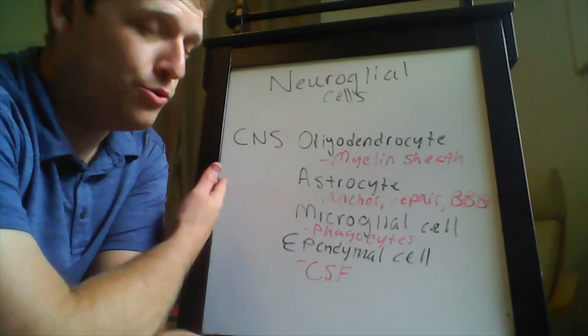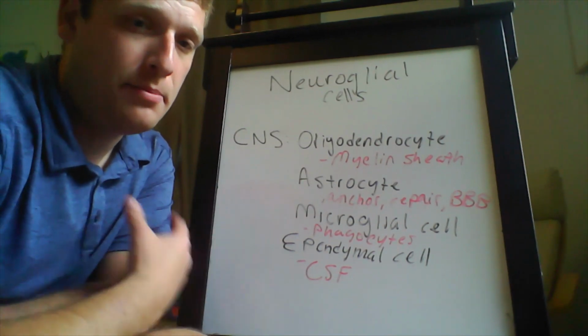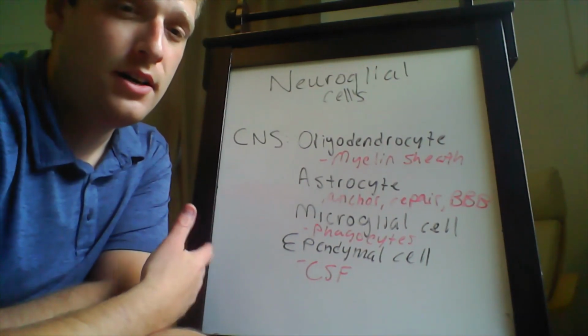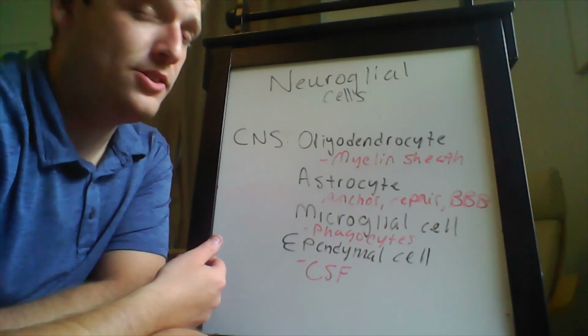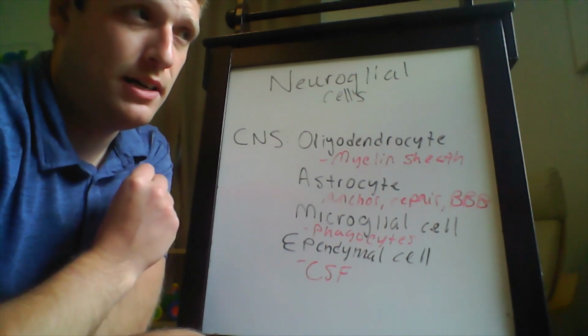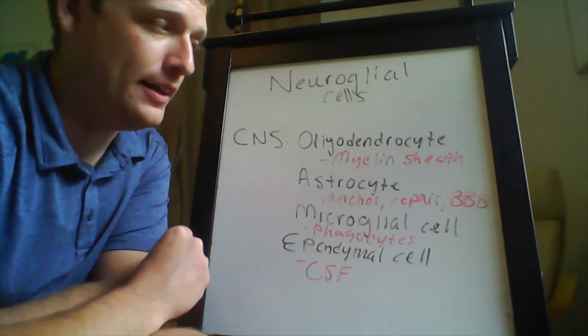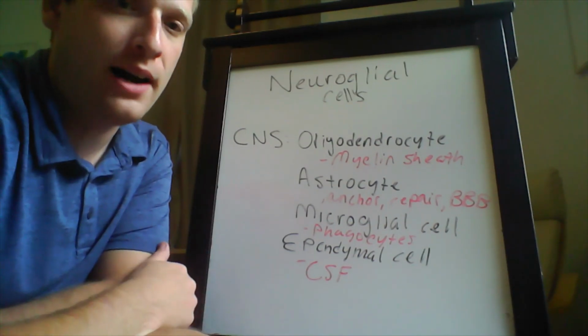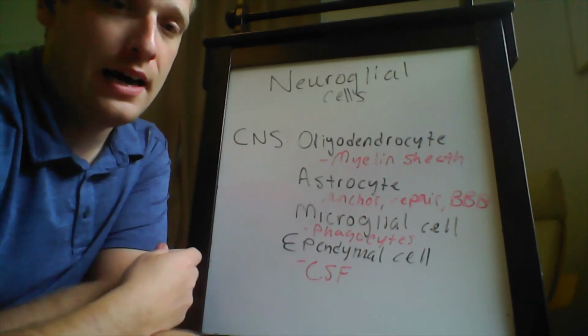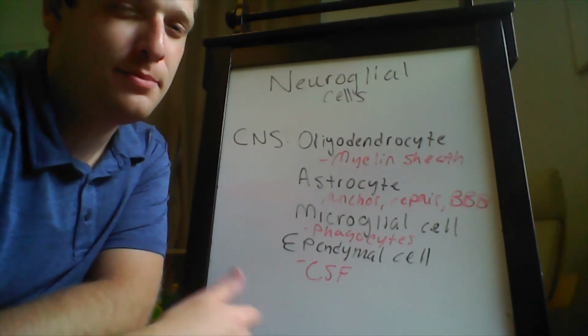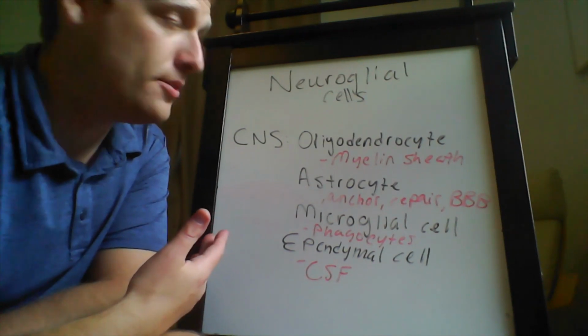Astrocytes are going to regulate the chemical composition surrounding neurons. Neurons are a very sensitive tissue type, and so they need a tightly controlled, tightly regulated chemical environment, and astrocytes help to do that. Astrocytes are called astrocytes because they kind of look like stars.